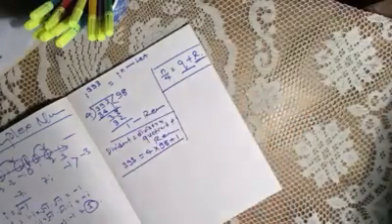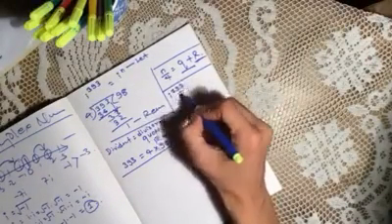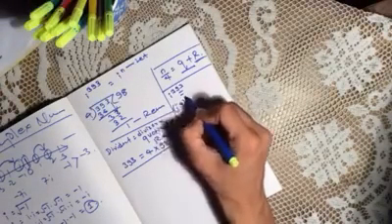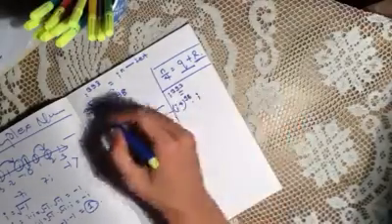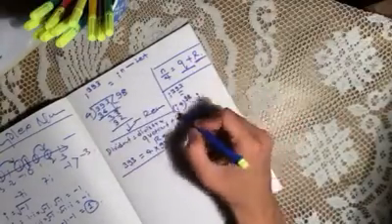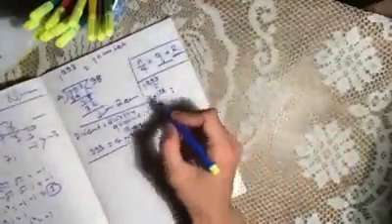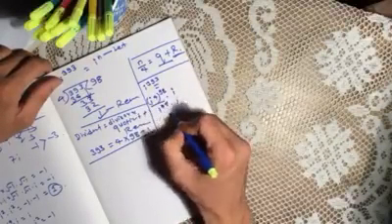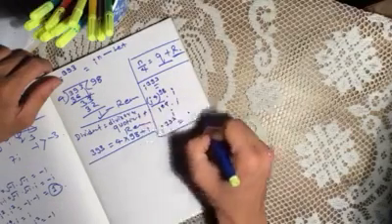Now it boils down to this: i to the power 393 can be written as i to the power 4, 98 times, times i, because 1 is the remainder. If it were 2, then it would be i squared. So from here, i to the power 4 means 1 to the power 98 times i. So this is i. That's why i to the power 393 will be i itself.